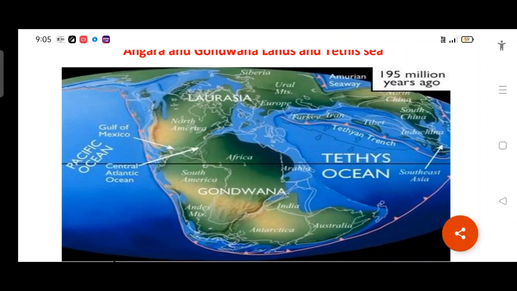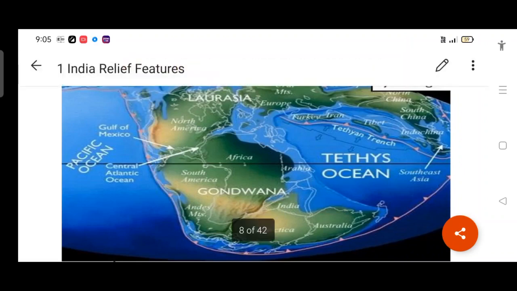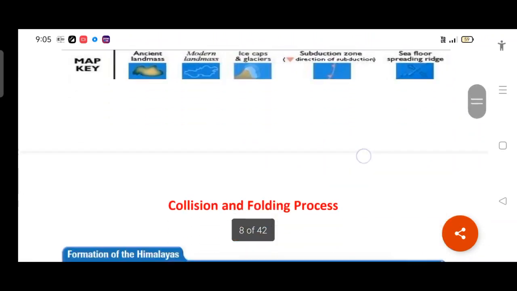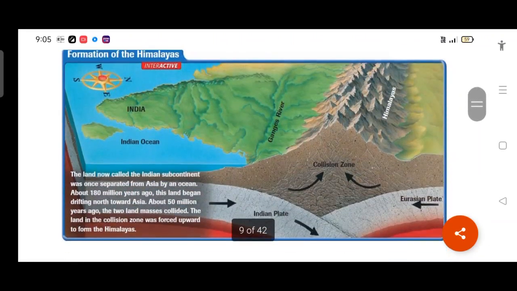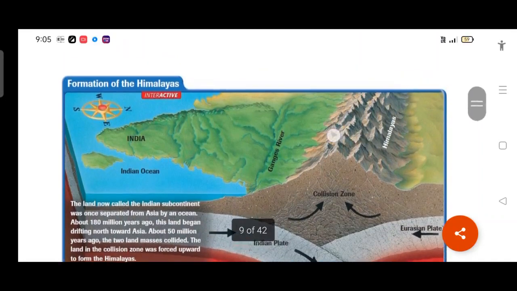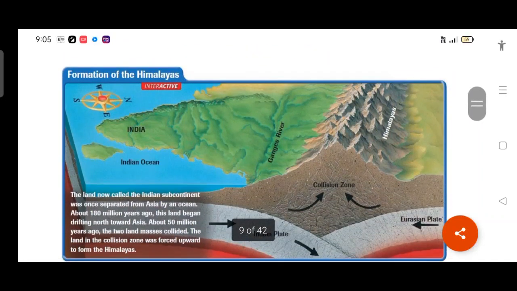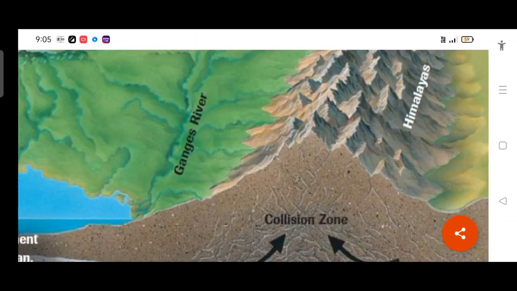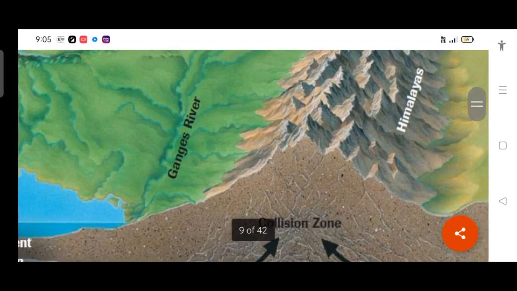These plates are moving in their own ways. In this way, the Indian plate started moving towards the Eurasian plate. In this process, a huge force originated from the inner side. Due to this force, a new landform originated through the folding process. This folding process is the main cause of the formation of the Himalayan mountains. That's why the Himalayan mountains got the name folding mountains.